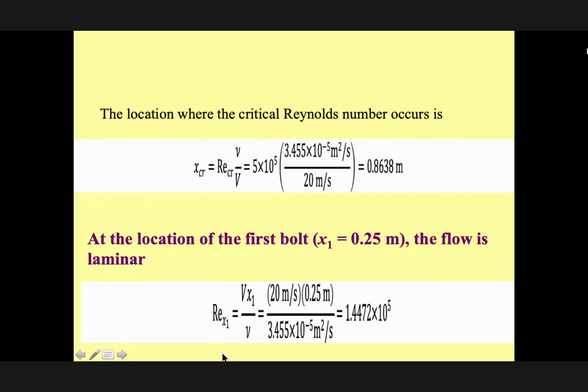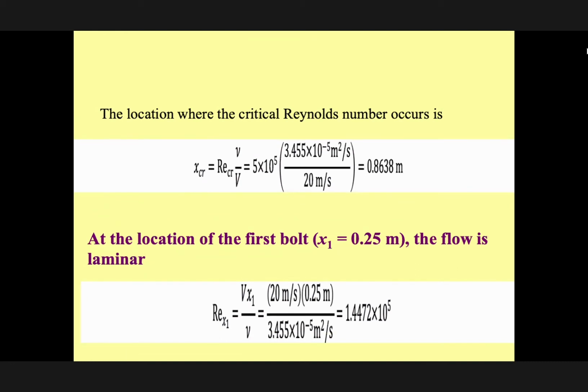I can find out my Reynolds number at 0.25 because I'm calculating the local Nusselt number, because they ask us for the local value. Therefore, the velocity, we know that. We know at which point I want to calculate. And here is my kinematic viscosity. Therefore, now I have the local Reynolds number. I know it is laminar.